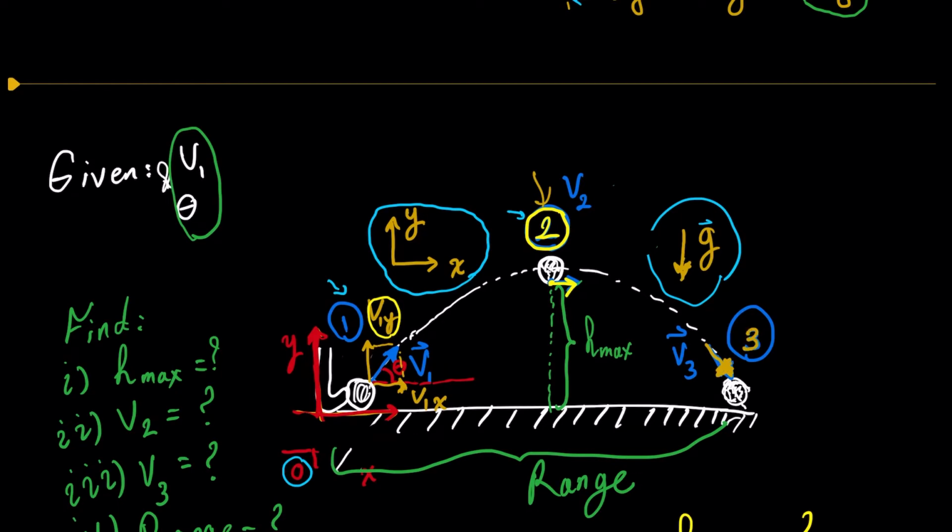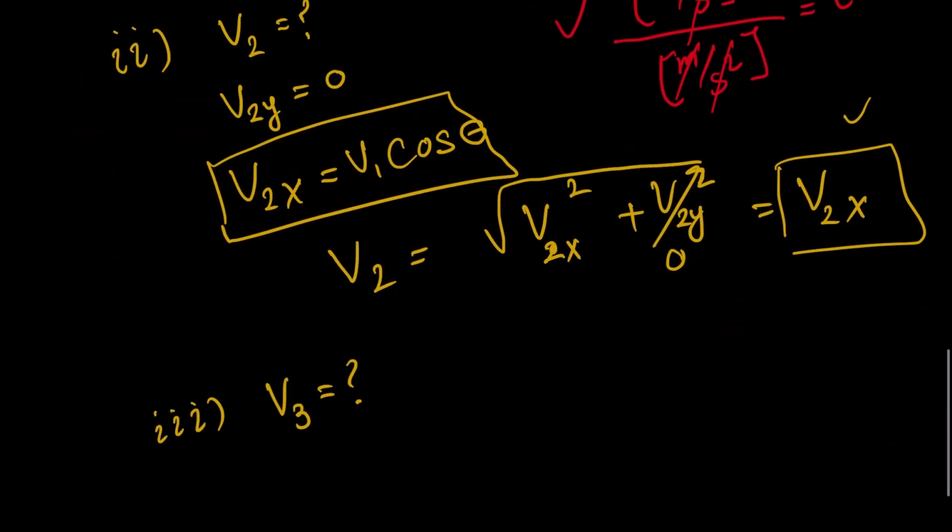and this is point 3, and we're asking what is the velocity here. As you can see, the velocity here has an x component going to the right, throughout the motion the same quantity and the same vector, and it's got a y component that's pointing down in the negative j hat direction. Now, we know that v3x, by definition, along the x-axis, the projectile motion undergoes a constant velocity motion.